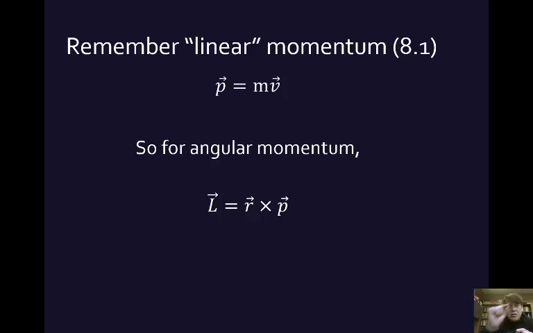So that rock has a certain momentum as it goes around that circle. If you take the momentum of the rock at a certain point and the radius from the center to that rock and do the cross product, there's a video on YouTube that I've done on cross products, from Chapter 1 of Young and Freedman's Physics. So this is going to be a three-dimensional cross product using the right-hand rule.